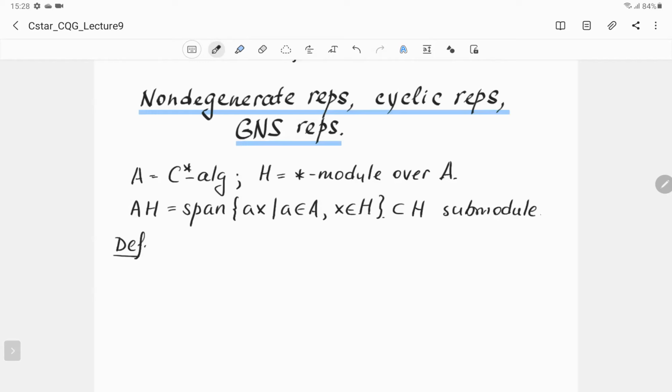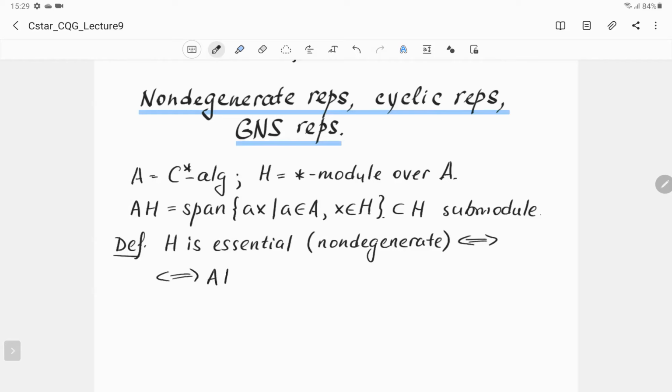And we say that H is essential, or another name is non-degenerate, if the closure of AH equals H. And of course, the same terminology applies to representations.